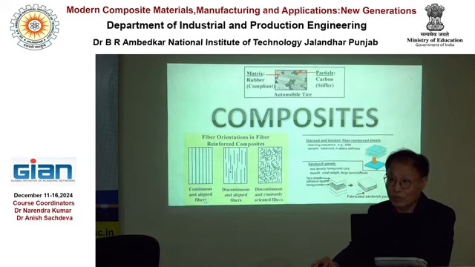This is a discontinuous composite, where discontinuous fiber is used to reinforce the matrix. In this case, there is no preferred direction for reinforcement. It's randomly oriented. So in this case, usually we use chopped fibers.